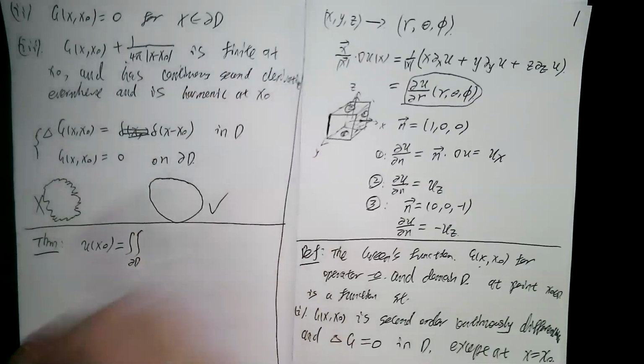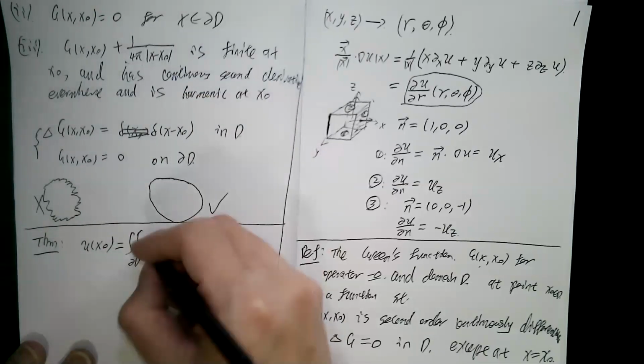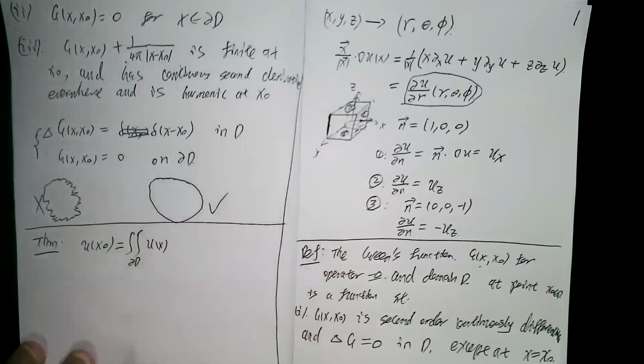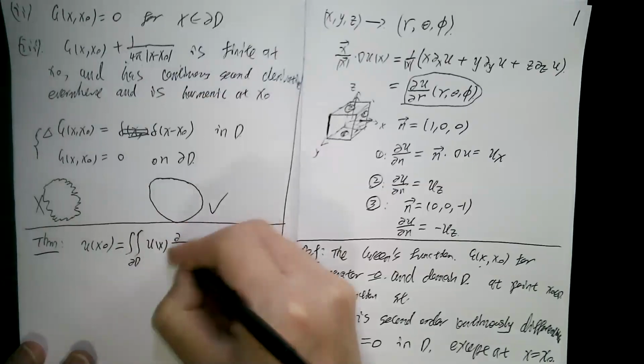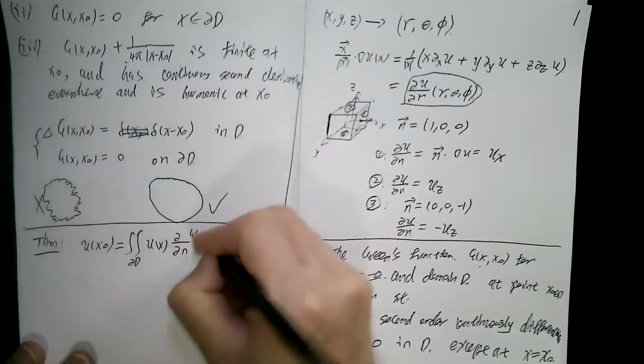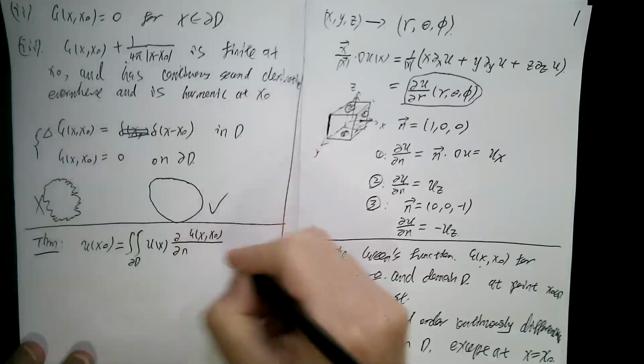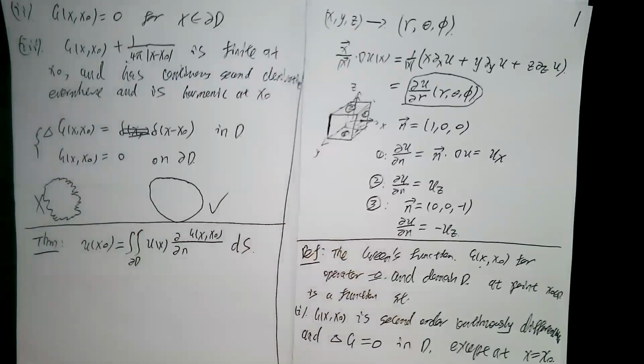And for a harmonic function, you can always write u(x) as the integral of u times the derivative of this Green's function G(x, x0) dS. So the Green's function is a very good thing: as long as you know the Green's function of a domain, you are able to solve the Laplace equation on this domain, given the Dirichlet boundary condition.